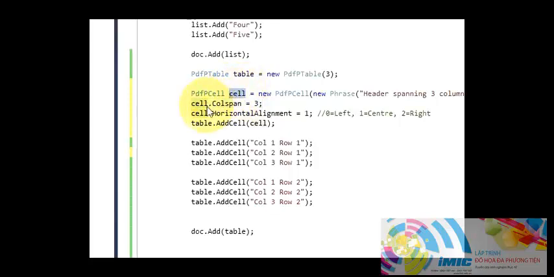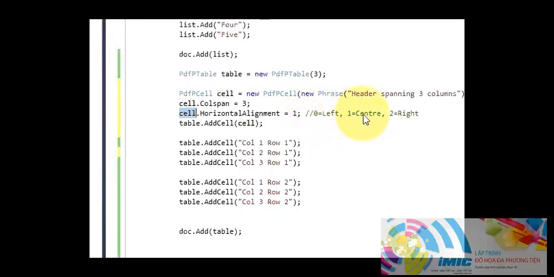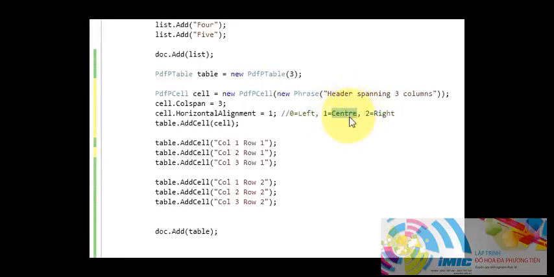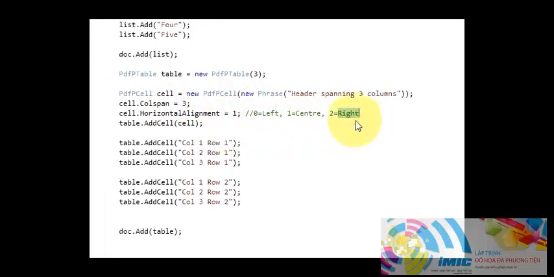Once again, copy the cell and paste it here. Dot HorizontalAlignment is equal to 1. So this 1 shows that the text in the header will go to the center of your cell. If you write 0, then it will go to the left of the cell, and if you write 2, it will go to the right of the cell.